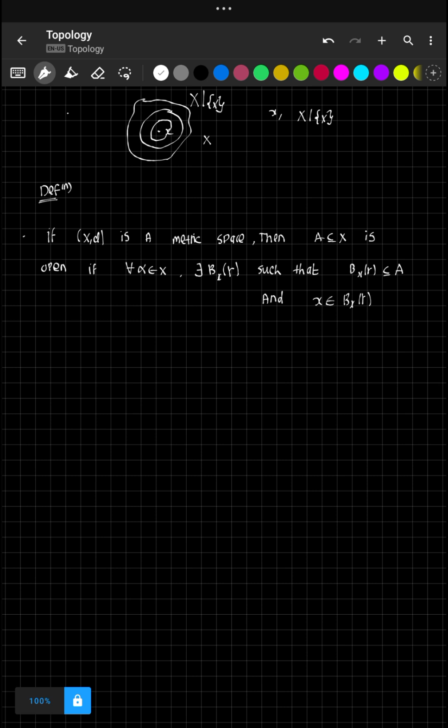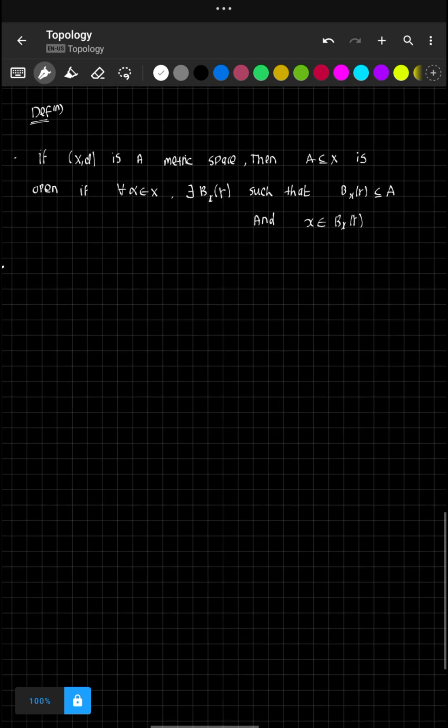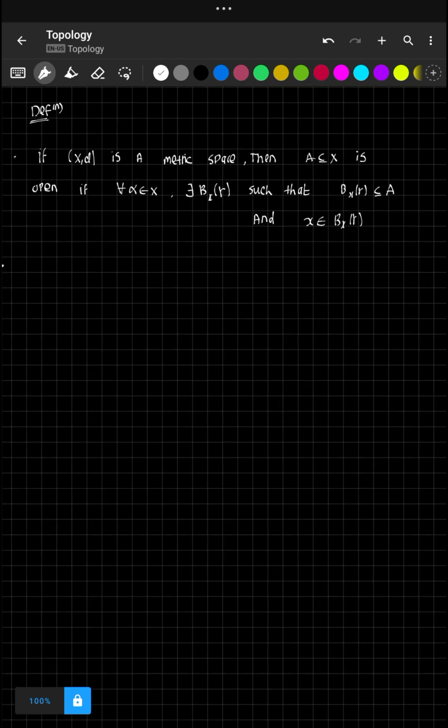Now you might ask, what is this ball? I'm sorry, I haven't defined what I mean by an open ball. An open ball of radius r at x is basically this set.